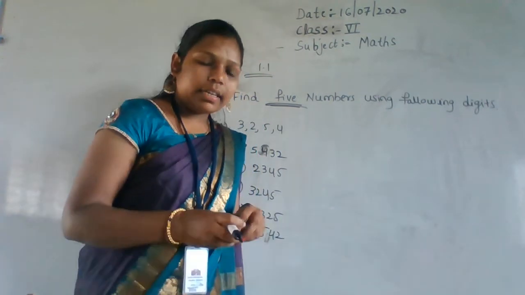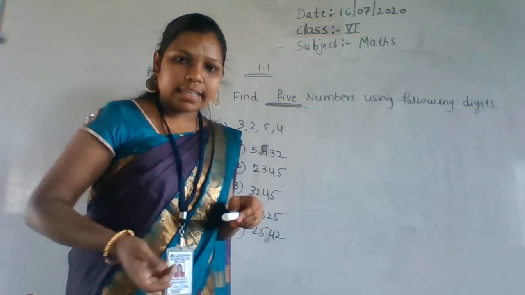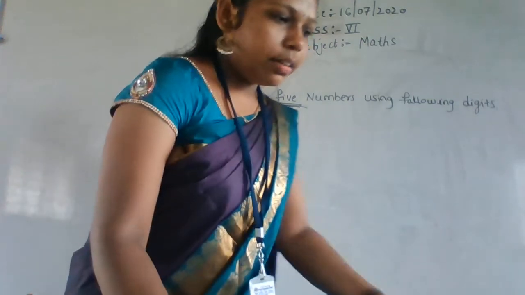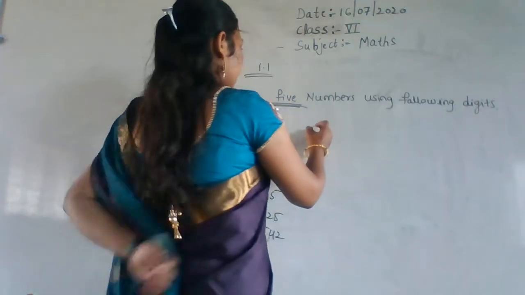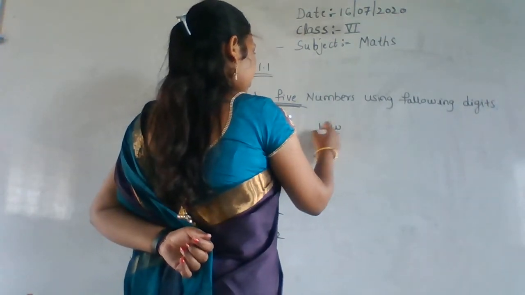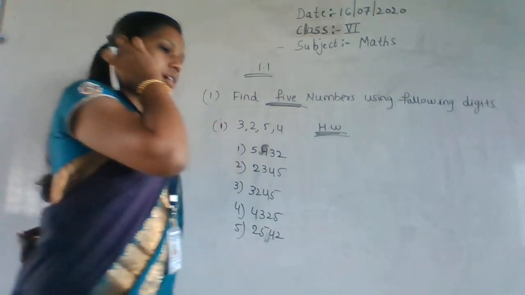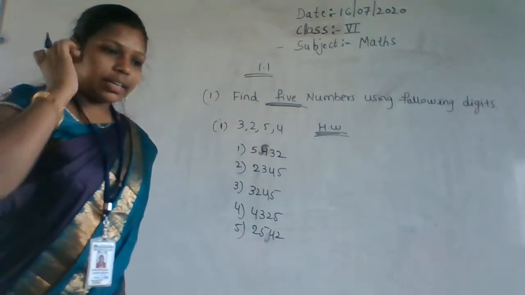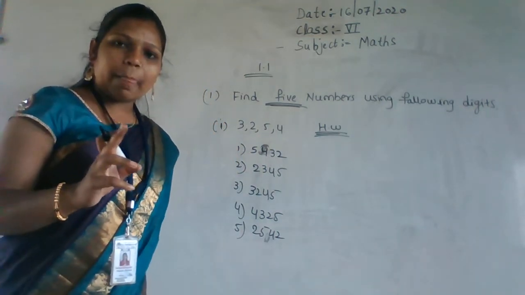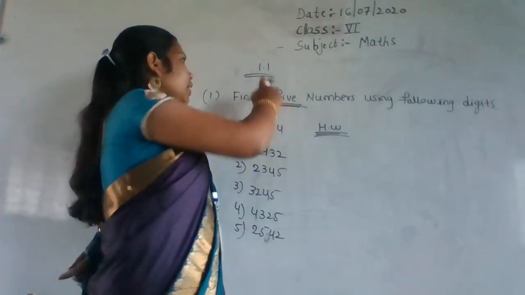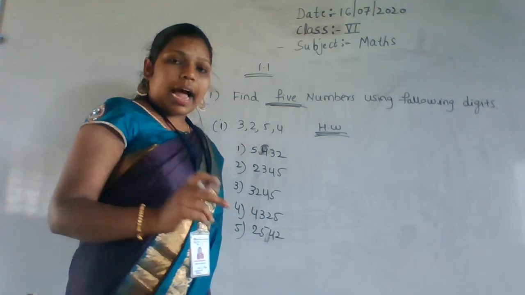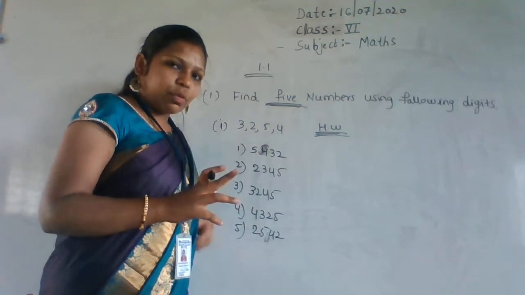Just try it. If you are not getting it, I'll tell in the next class. And homework is, don't write in the CW first. In the CW you will start from 1.1 only. You have to do it in the HW first.